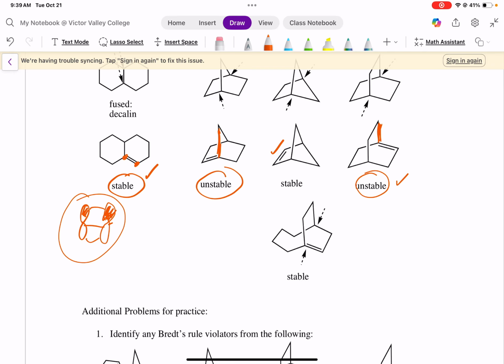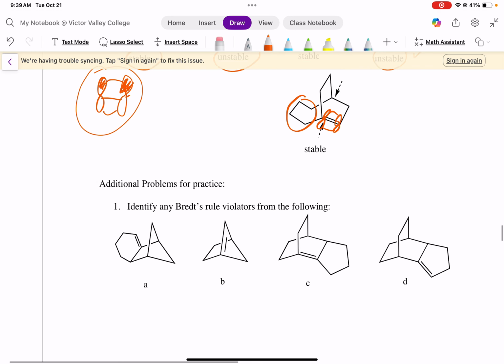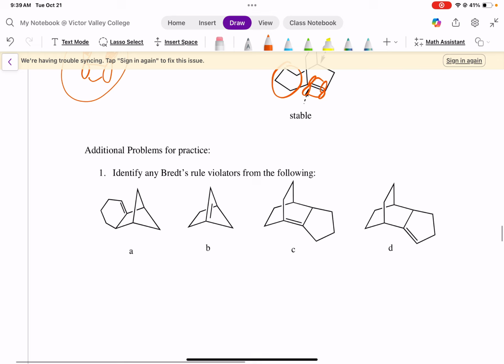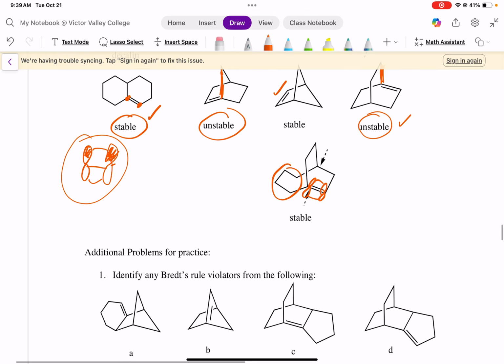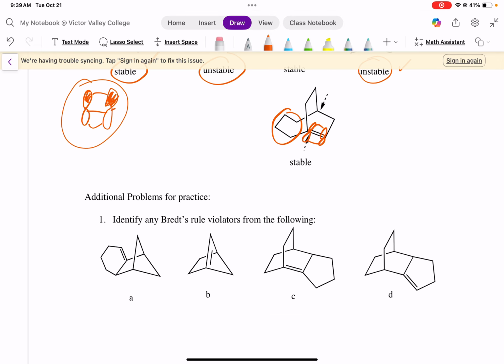However, if you have a lot of carbons that allow the flexibility for those to bend out of the way to make space for the p orbital overlap. Okay, so in this case, obviously this is the violator, meaning unstable.